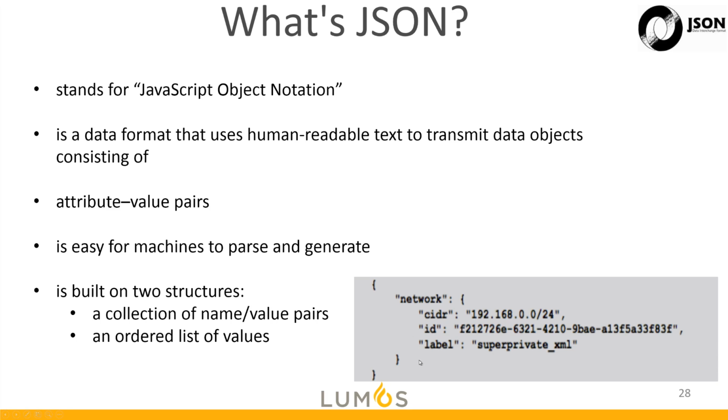And notice we don't have any close, okay? Like we did with XML. We sort of do in the sense that we opened with this curly brace and we closed with a curly brace. But we don't have a network and then a /network to close out that section. So it's very different in that way.